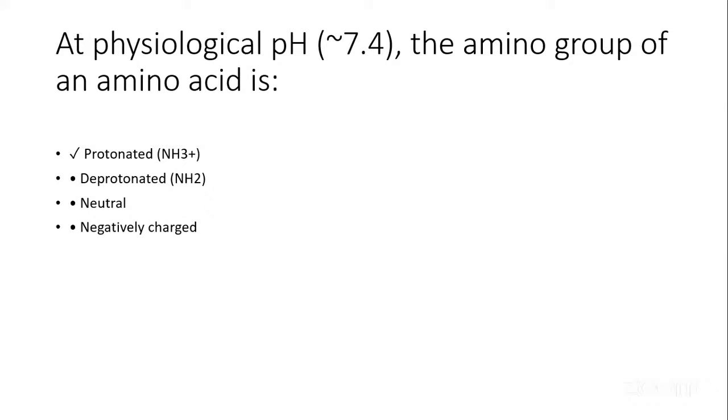If you were in our last class, you answer this question with ease. Usually, it's only at very high pH of almost 9 to 10 that you can have the amino acid in the deprotonated form. But at pH of 7 or below, they are always protonated.